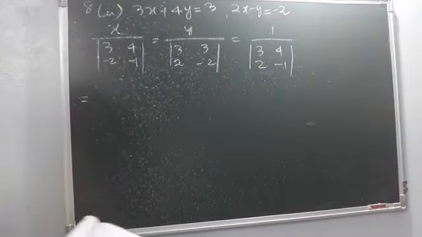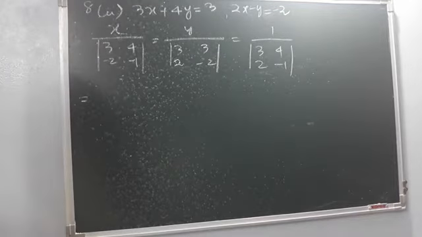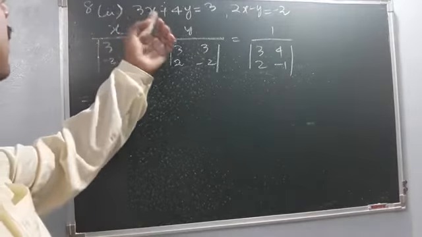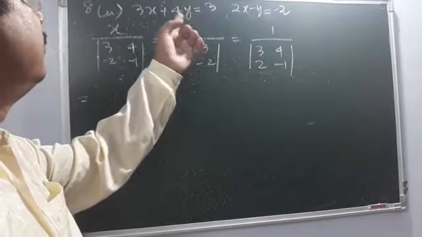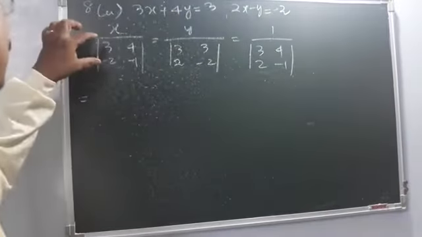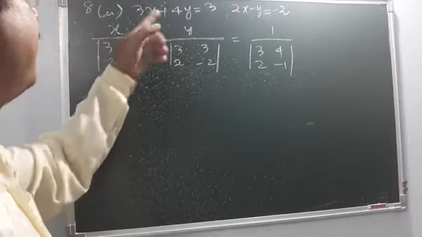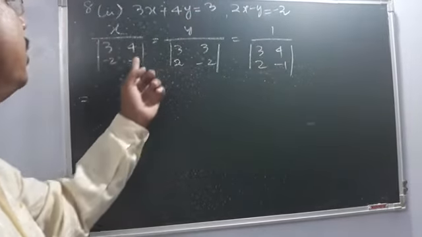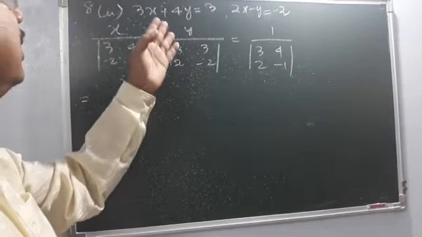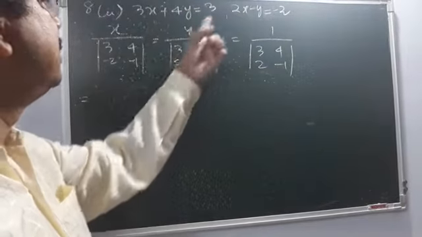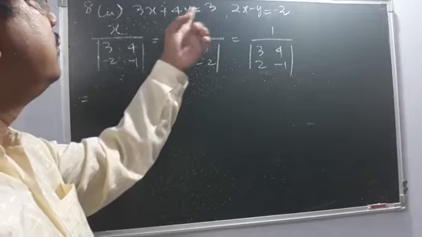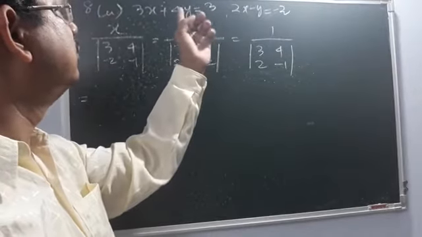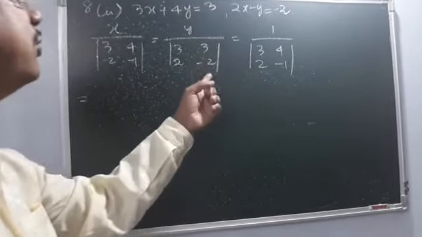So students, what I have done here: I have written 3 and 2 and minus 1, that is the constant term, and along with that the coefficient of y, I have written 4 and minus 1. Then next, the x coefficient we have written, and the coefficient of y, that is 4 and not written here, 3 and minus 2 written.